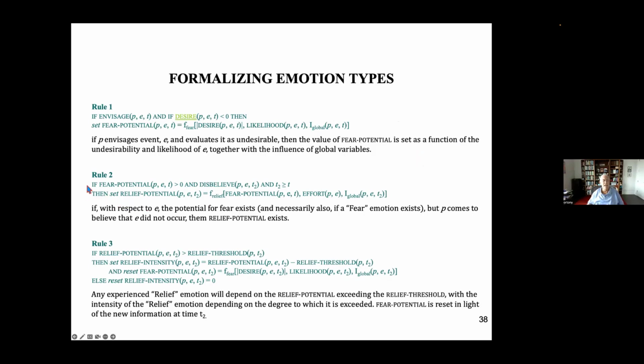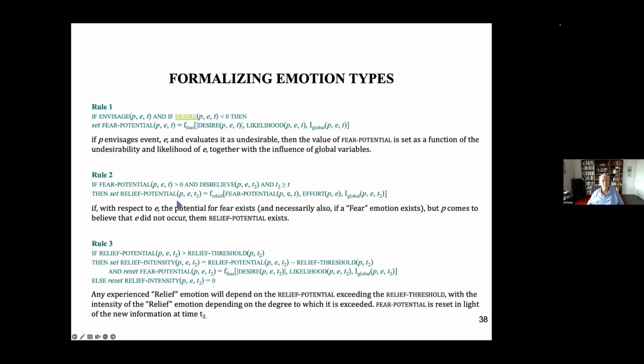Now, the second rule here would be if fear potential is greater than 0. Okay, so there is fear potential. The emergence condition has been satisfied. And person P doesn't believe that event E at time T, person doesn't believe that event E. Time T can be either at the same moment or it can be later, but obviously can't be before it.